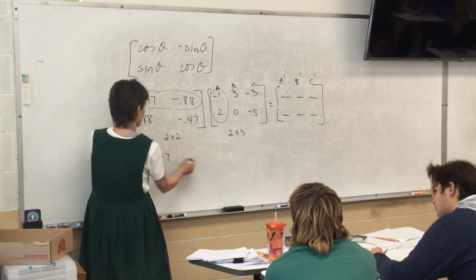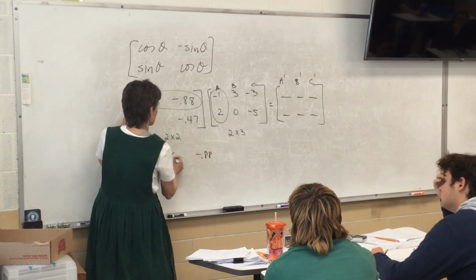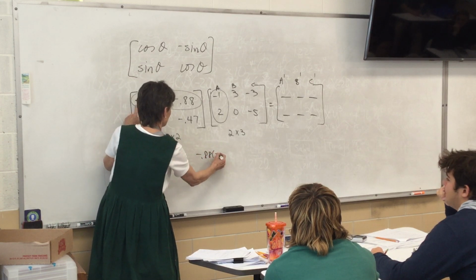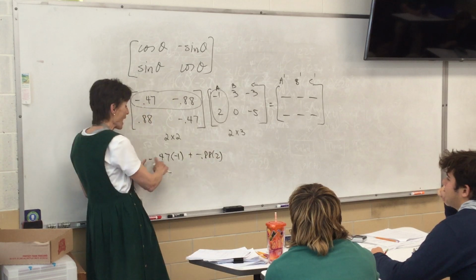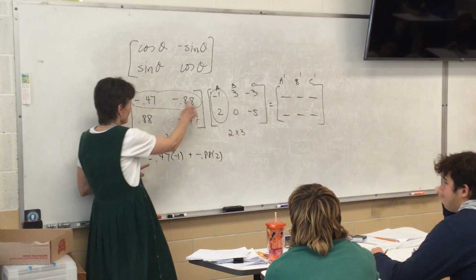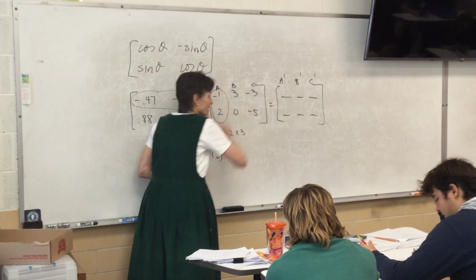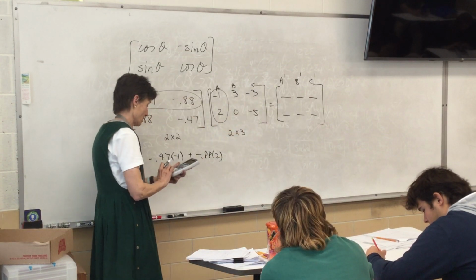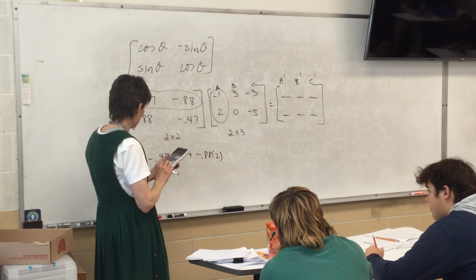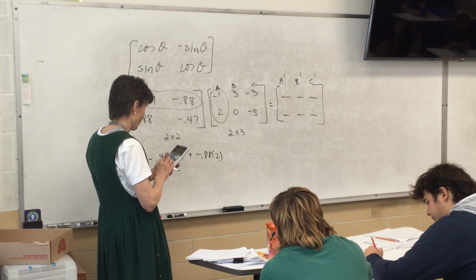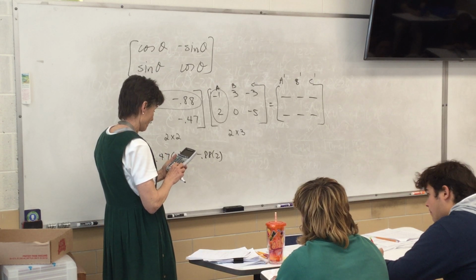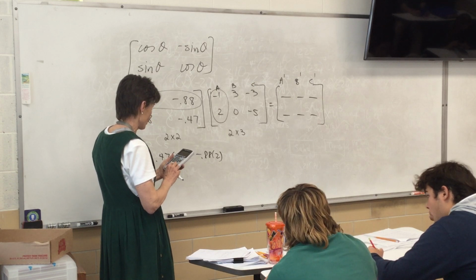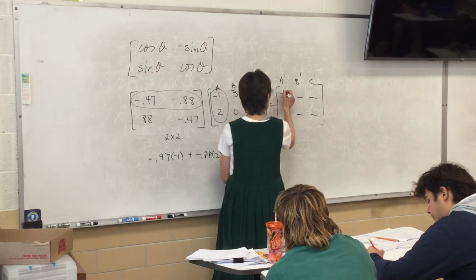It's negative 0.47, negative 0.88 times negative 1 and 2, and add them up. So that's the arithmetic that we're doing to find that number right there. So that will be 0.47 minus 0.88 times 2. I got negative 1.29.